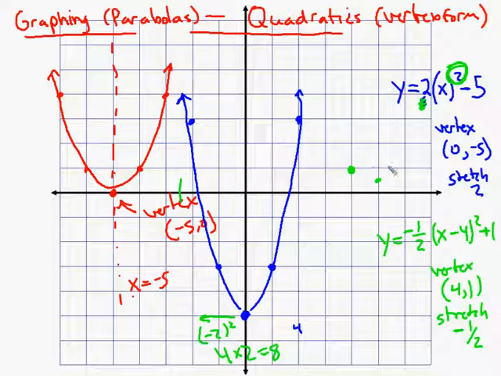If I go right 2, what's 2 squared? 2 squared is 4 times negative 1/2 is negative 2. So I go down 2.